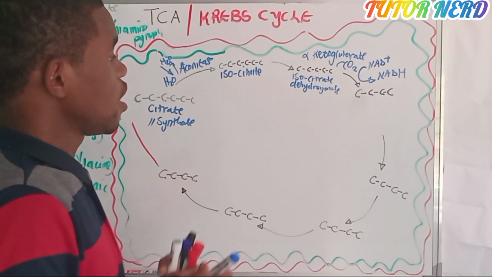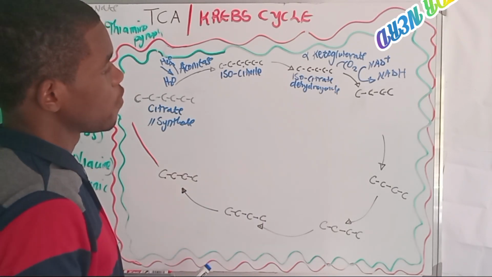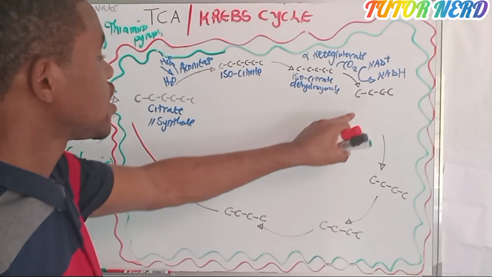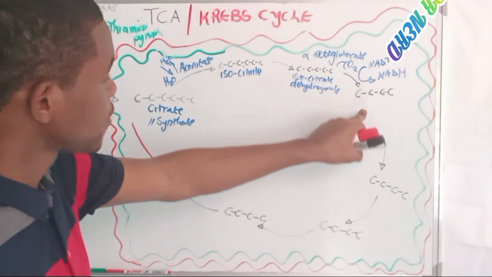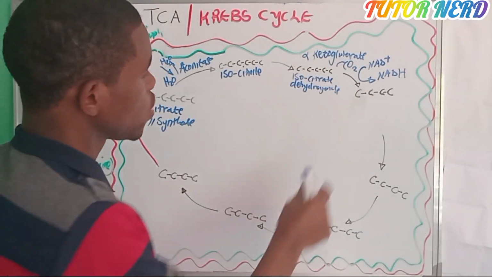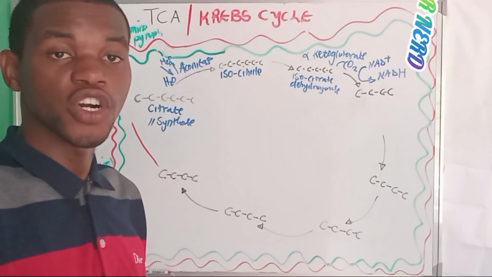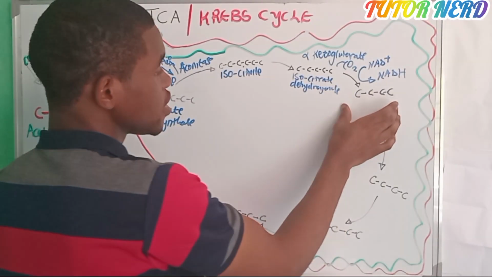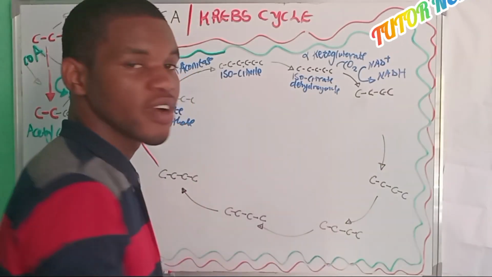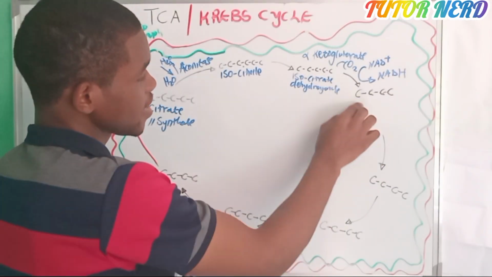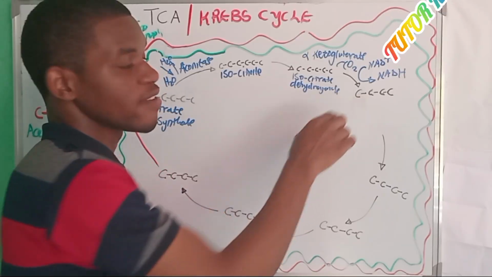Again, we are going to move from alpha-ketoglutarate to a different intermediate, which we call succinyl-CoA. This molecule has 1, 2, 3, 4 carbons. This had 5, this has 4.